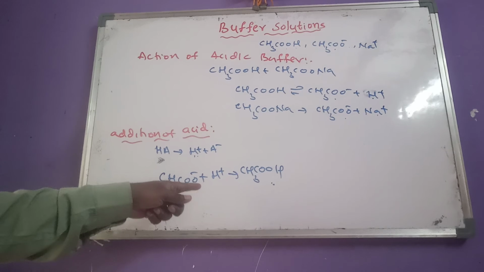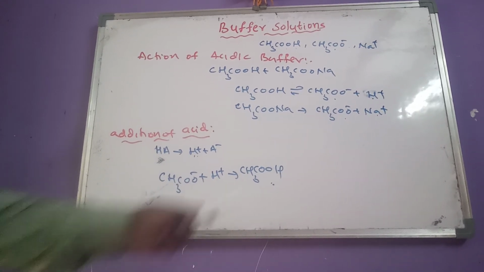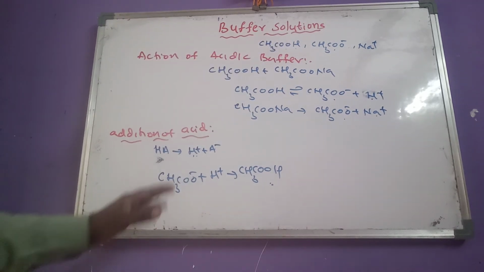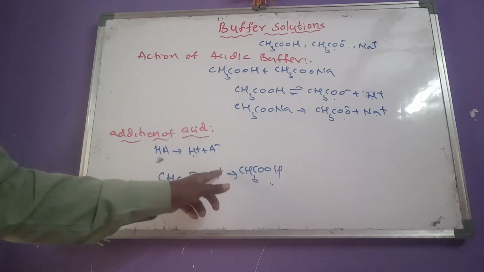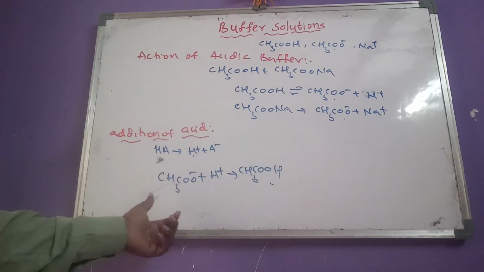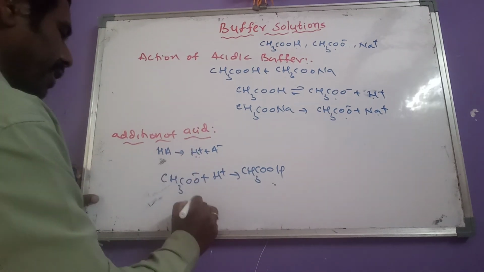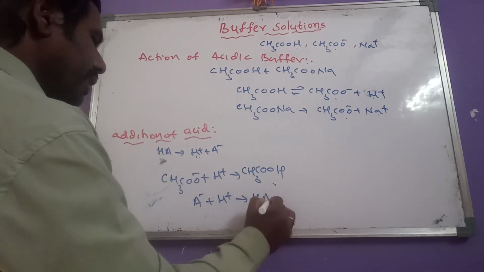That means the H plus ions produced by that acid are removed by the acetate ions. There is no change in pH value because all H plus ions have been removed by acetate ion and converted into acetic acid. In general language, we can write the equation: A minus plus H plus gives HA.